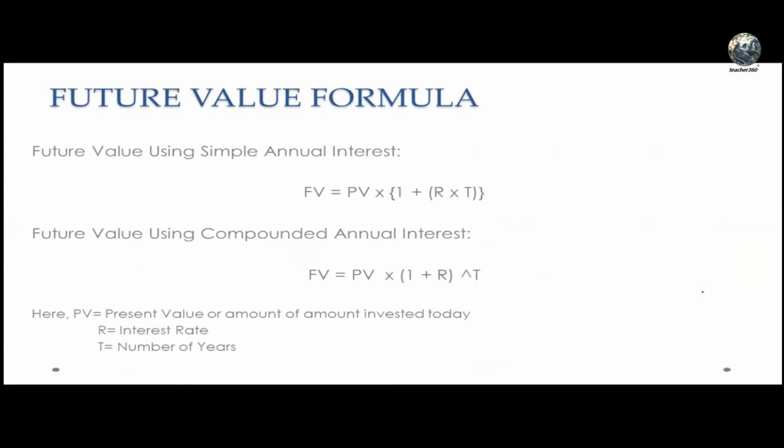Here you can see the future value formulas. I've shown here future value formula based on simple annual interest rate and compound annual interest rate. We have already discussed about simple interest and compound annual interest.